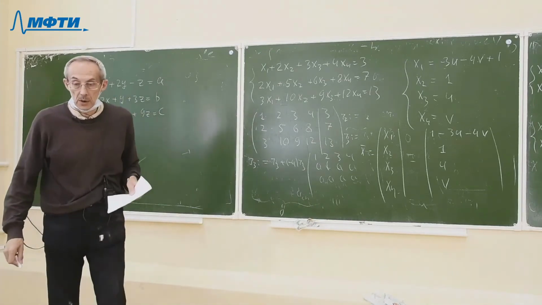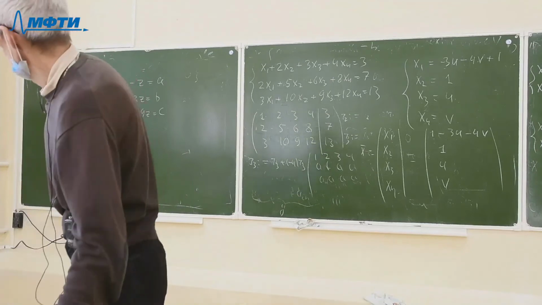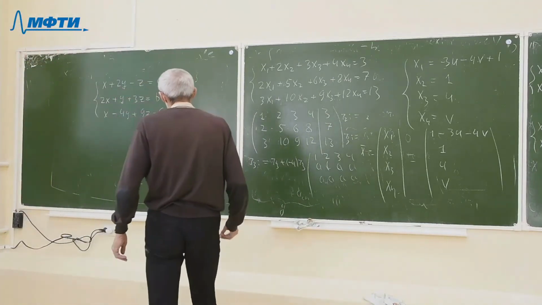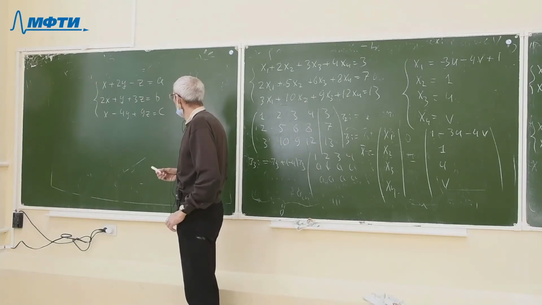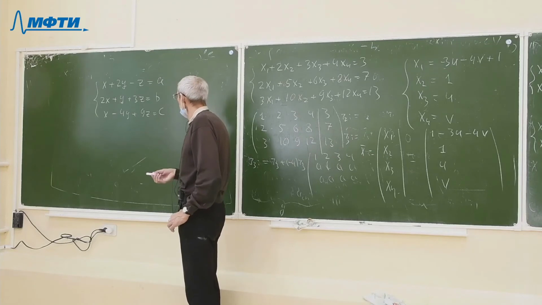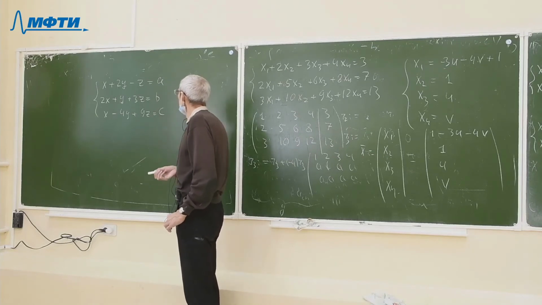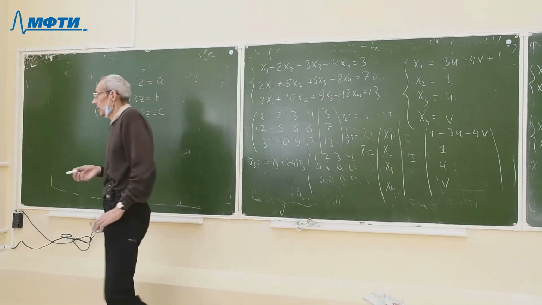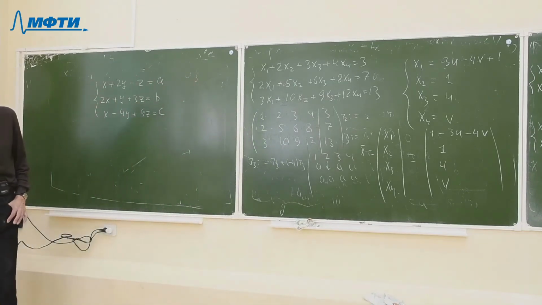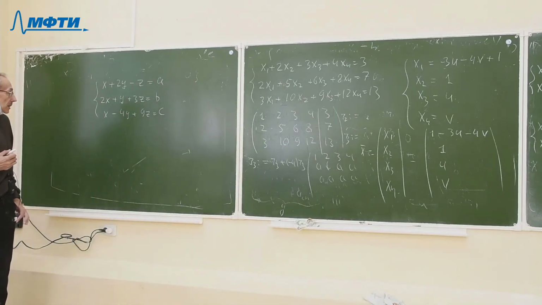We have infinitely many linear systems because the right-hand sides of these equations are some parameters a, b, and c, and these parameters can be arbitrary real numbers.